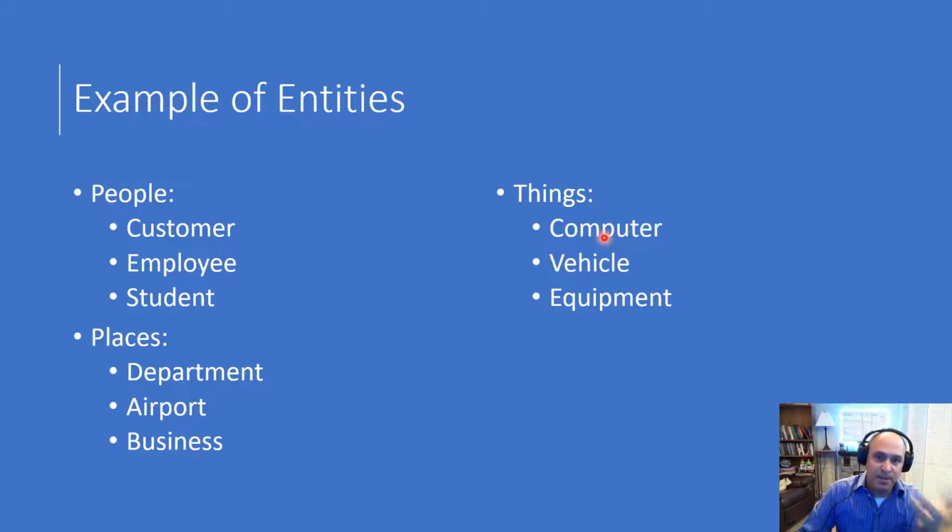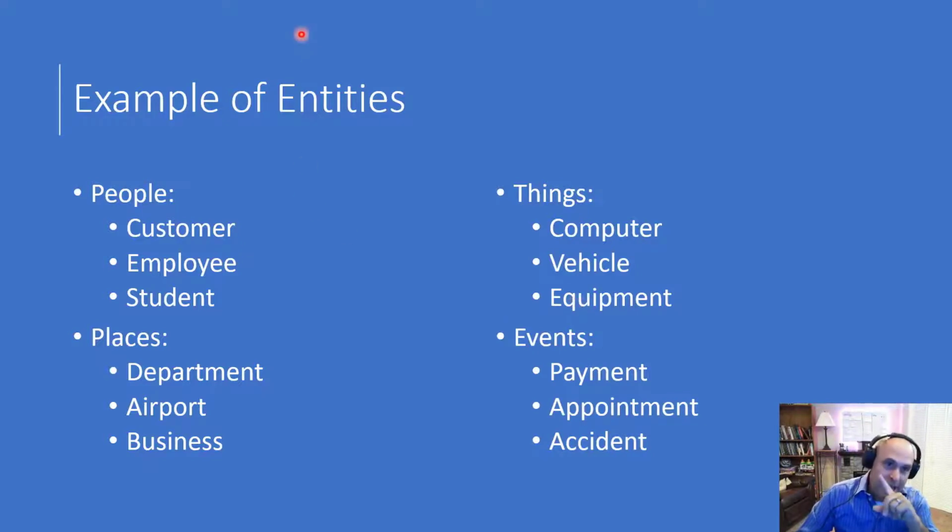Entities as things like computers, right? How much RAM does it have? What's the CPU? Vehicles: make, model, number of passengers. Generic equipment, like you might have a hammer, wrench, things like that. And then entities as events, like making a payment, booking an appointment, when a car gets in an accident, right?